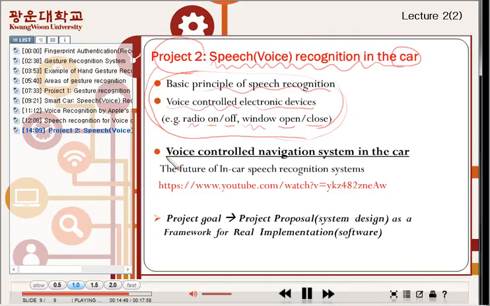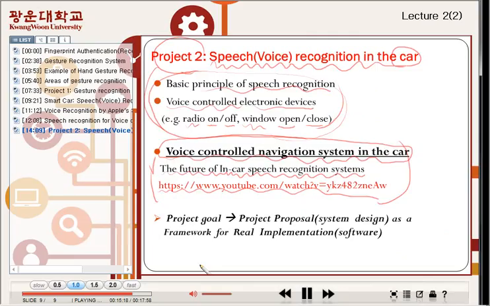Especially the voice-controlled navigation systems in the car are demonstrated on YouTube, on the website here. The subject is the future of in-car speech recognition systems. So please confirm on the YouTube site how to control the navigation system in the car.